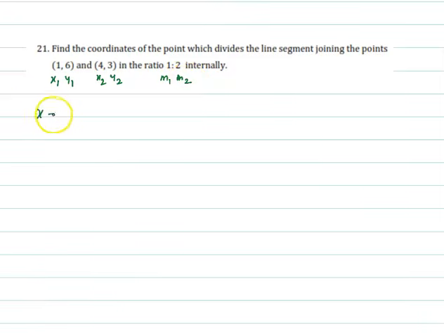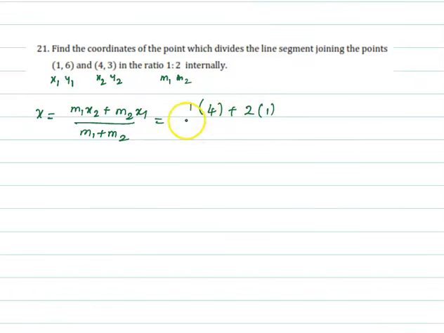What is the formula to find x? m1 x2 plus m2 x1 divided by m1 plus m2. Substituting, we get 1 into 4, plus 2 into 1, divided by 1 plus 2, that is 6 by 3. The x coordinate is 2.